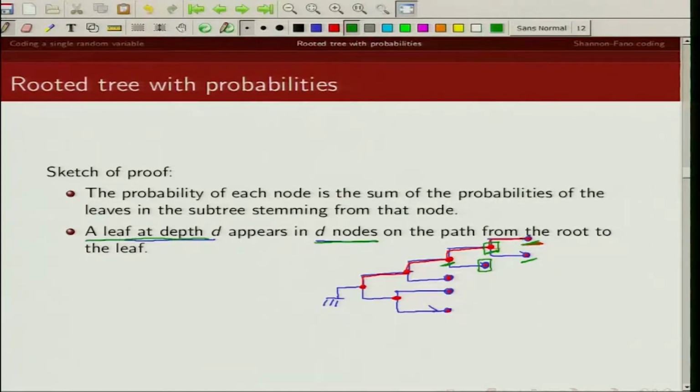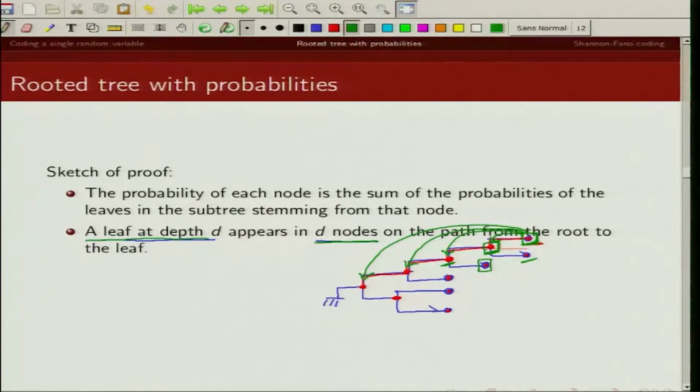So the probability of occurrence of this leaf appears here, here, here, and here. The contribution of the probability of this leaf appears in the probability of this node.